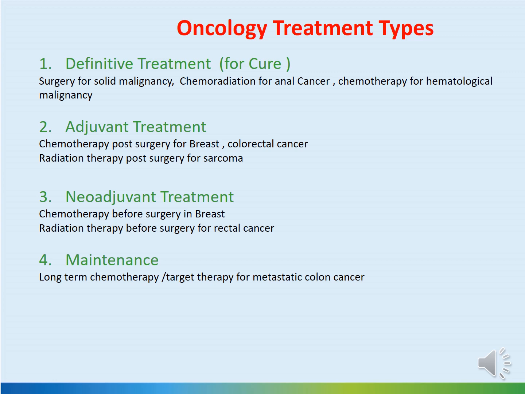We give some long-term treatment like chemotherapy or targeted therapy to maintain the results. We use this type of treatment most commonly in metastatic cancer, and the most common type here is metastatic colon cancer.